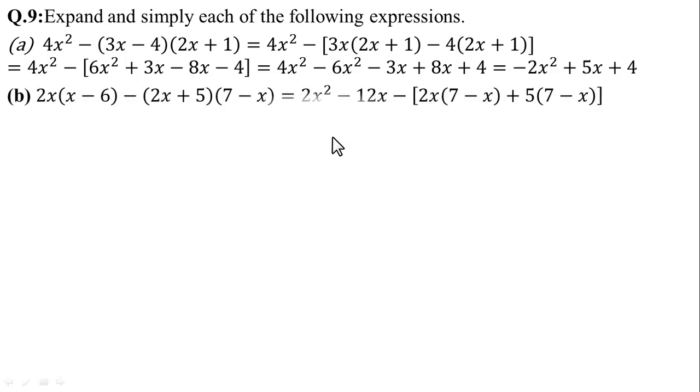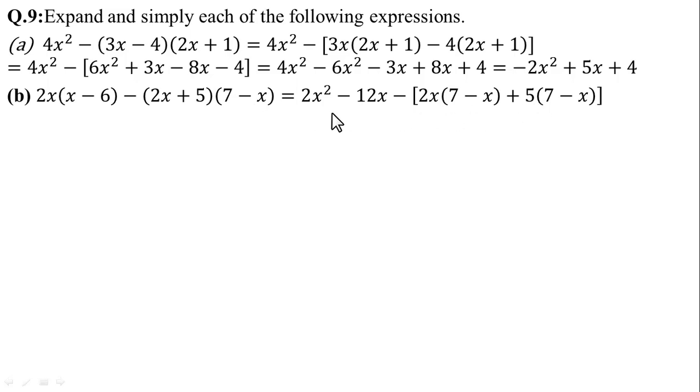Now in part B we solve 2 into (x minus 6) minus (2x plus 5) into (7 minus x). First of all, simplifying, we multiply 2x with x, 2x square, minus 2 3s are 6x. Here two terms are multiplied, then use the negative sign: square bracket 2x into (7 minus x) plus 5 into (7 minus x).